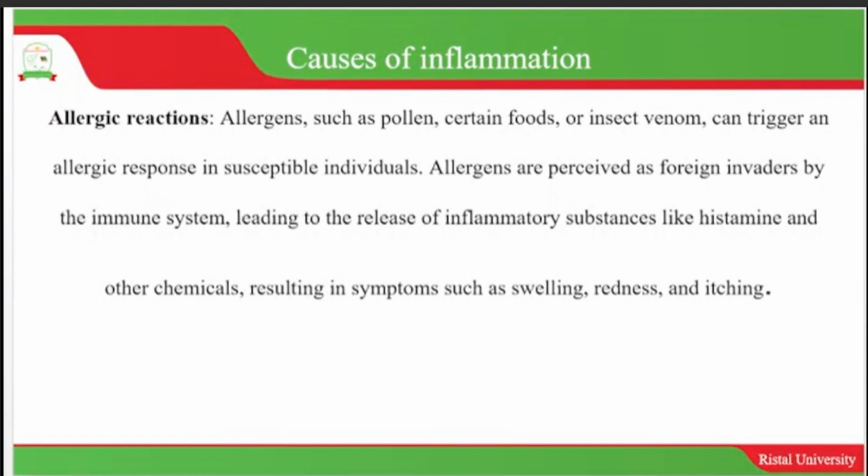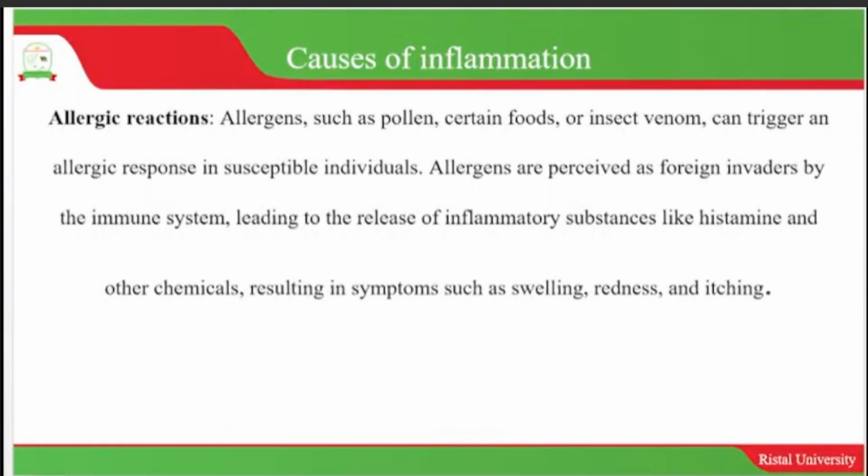Allergens are perceived as foreign invaders by the immune system, leading to the release of inflammatory substances like histamines and other chemicals, resulting in symptoms such as swelling, redness, and itching. So people may also get their tissues inflamed because of the presence of allergens.